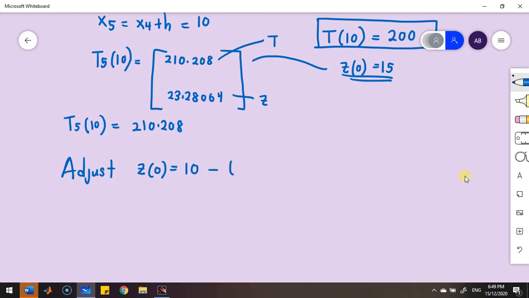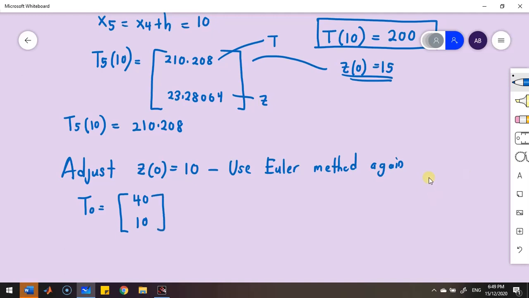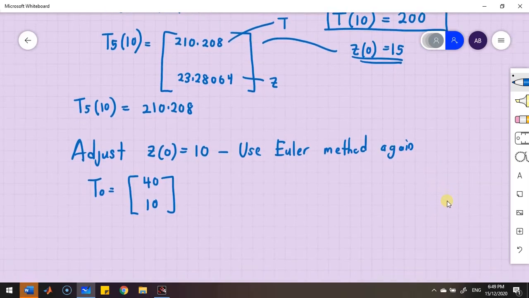Now I need to use the Euler method again with this choice. So my initial T0 is 40 and 10, instead of 40 and 15 you started with earlier on.